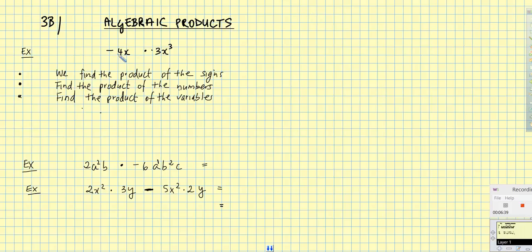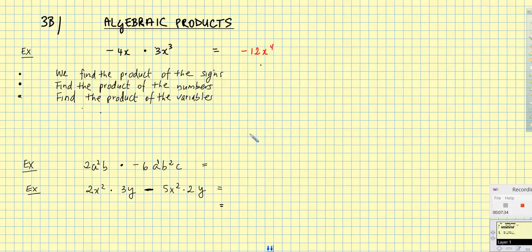Okay, so if I've got negative 4x multiplied by, so that little dot there means multiplied, 3x cubed, we are going to multiply our coefficients together so that we'll have negative 12, and then x to the power of 1 times x to the power of 3 will give me x to the power of 4. There's my final answer, negative 12x to the 4th.